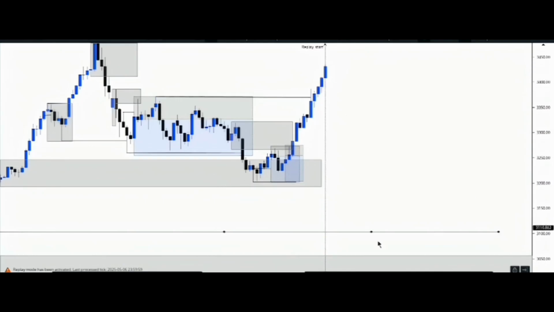If it's going to go higher, we're expecting price to do something like this for us to be sure that price is going to go higher, because if it does something like this, then it will give us inducement for us to tap into something and go higher. But if price doesn't do that and instead does something like this, that shows that this zone is not going to hold price. So let's continue to advance price and see what happens.